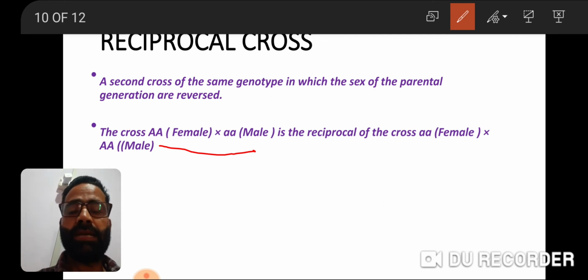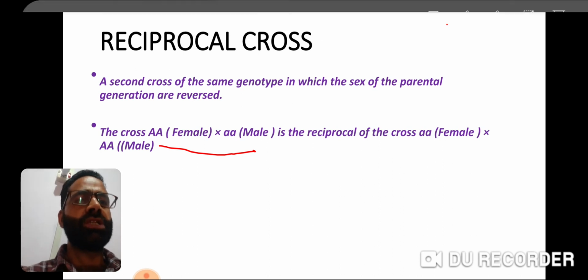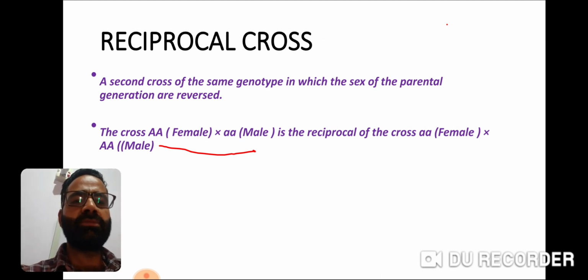So this is all about the reciprocal cross. These reciprocal crosses were performed by Mendel, and he found the same results when he carried them out. So this is all about these three types of crosses.